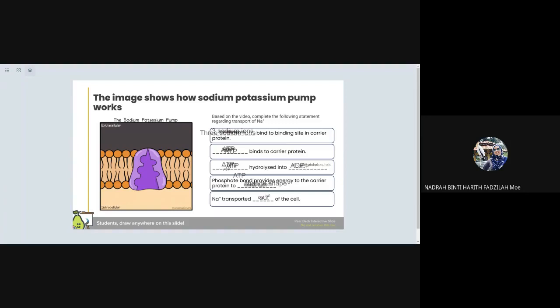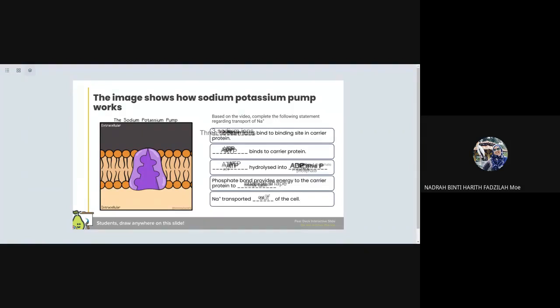When it has bonded with carrier protein, ATP will be hydrolyzed to form ADP and phosphate. ADP plus P, atau plus phosphate. So, ADP akan keluar dari carrier protein, meninggalkan satu phosphate.